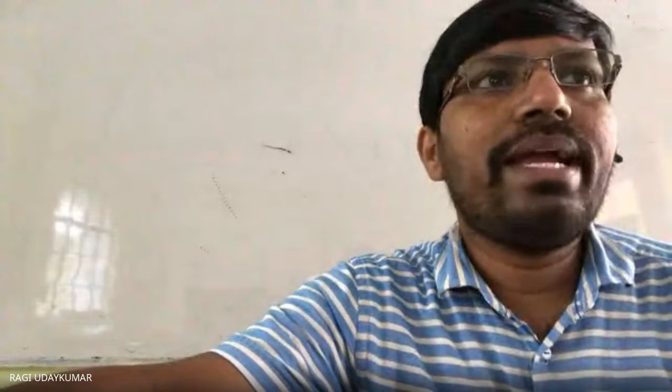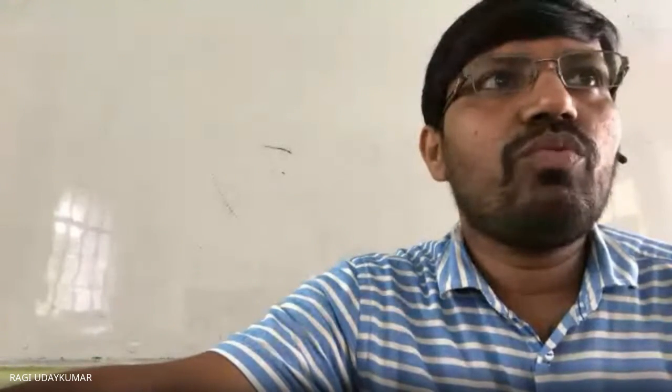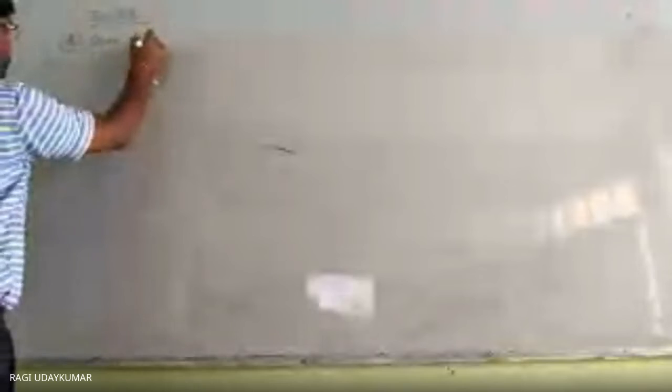So problem number 8, whatever is given to you, what you need to do here: f of x is equal to mod x by x, and x is not equal to 0. Given function, is it visible to you?